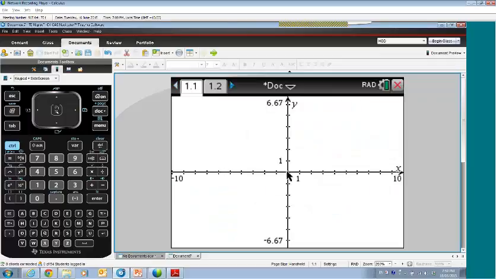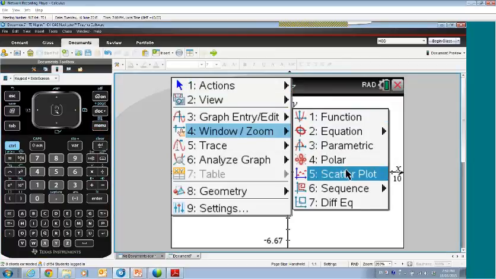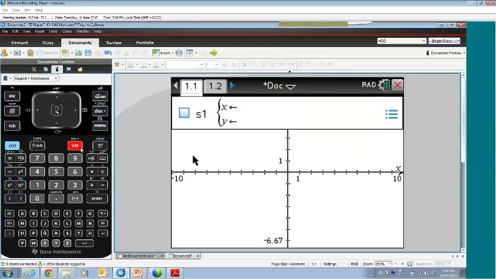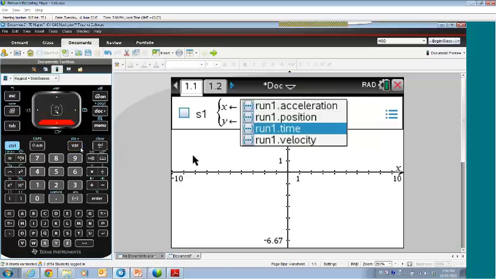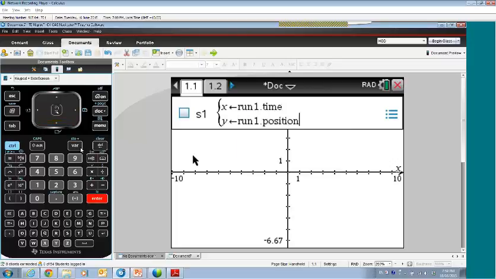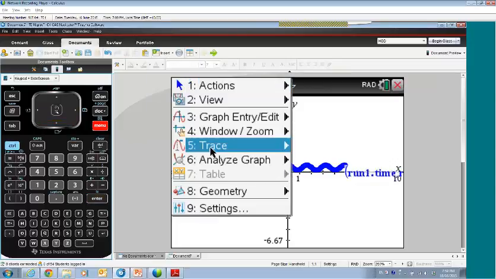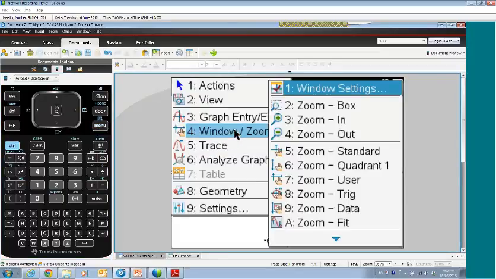So what I'm going to do is change my graph type to a scatter plot, and we'll bring up our variables, and they're nicely named. We'll put time on the independent or x-axis, and we'll put position on the y-axis, and it might be worthwhile just zooming in on that data.